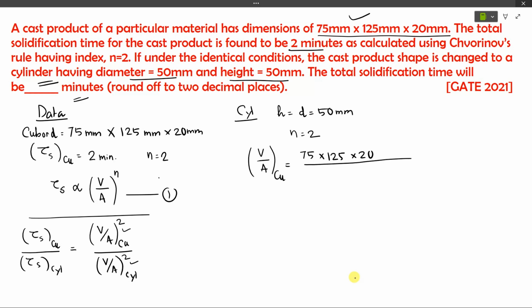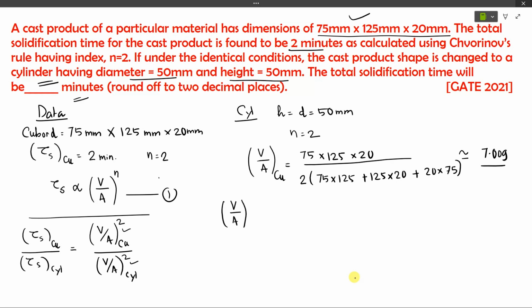So we'll put the values here: 2 into (75 into 125 plus 125 into 20 plus 20 into 75). So this approximately comes to be 7.009.